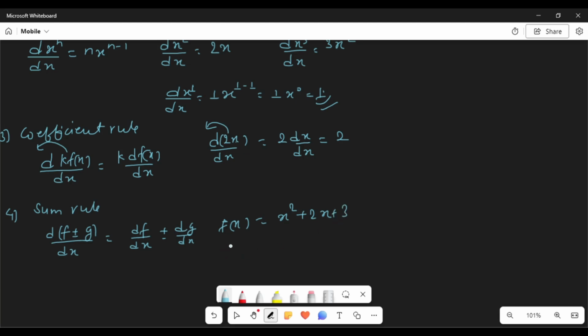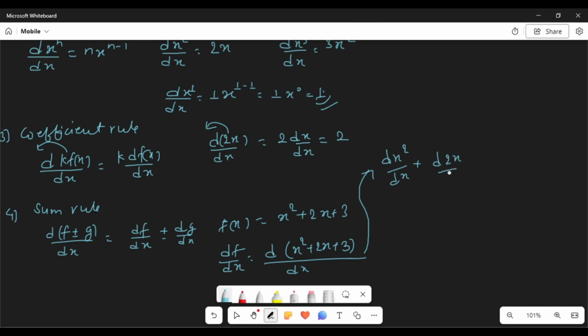Let's find the derivative of this function. This means d(x squared plus 2x plus 3) by dx. So we can separate these individual terms like this: d x squared by dx plus d 2x by dx plus d 3 by dx. There is a constant term, its derivative is 0.